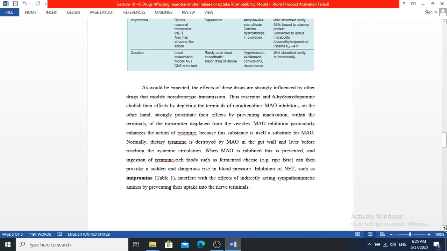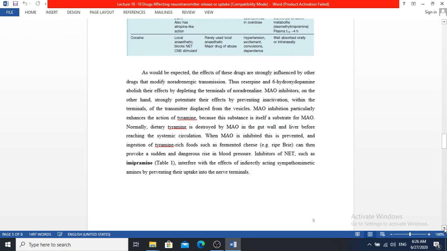When monoamine oxidase is inhibited, this is prevented, and ingestion of tyramine-rich food such as fermented cheese can then provoke a sudden and dangerous rise in blood pressure. Inhibitors of NET, such as imipramine, therefore interfere with the effect of indirectly acting sympathomimetic amines by preventing their uptake into the nerve terminals.